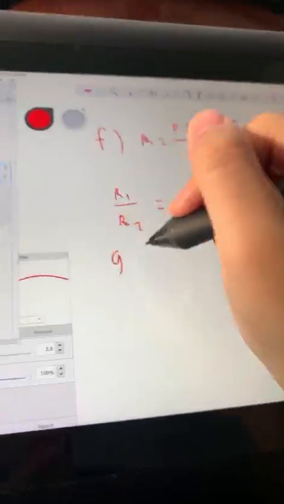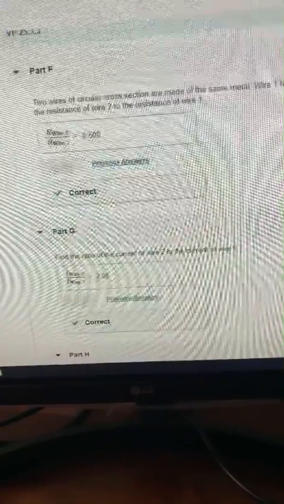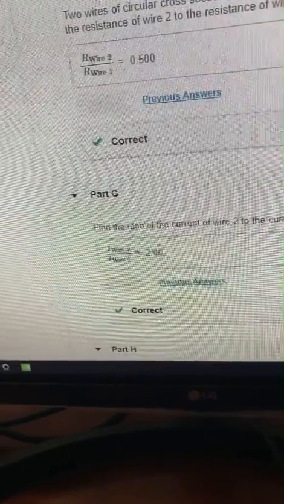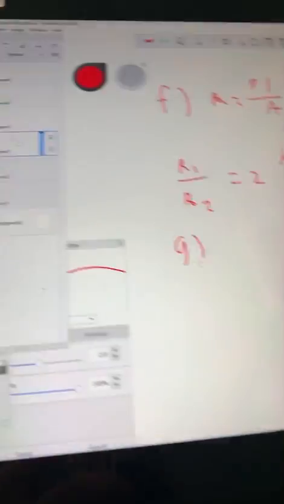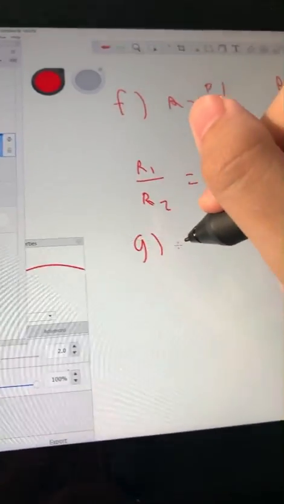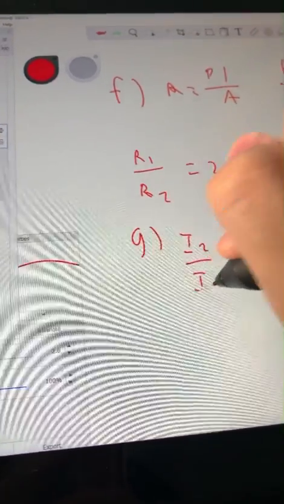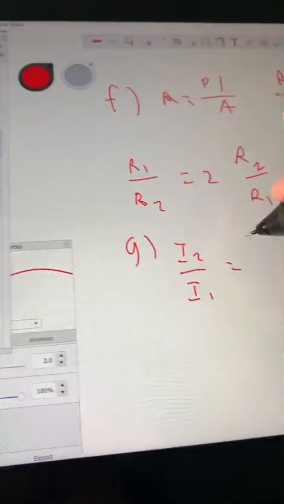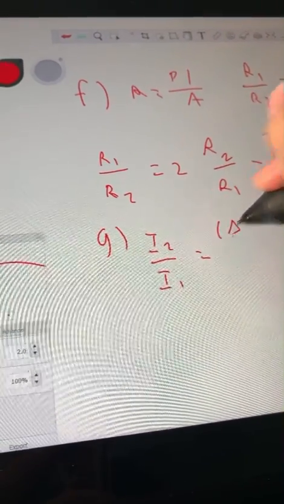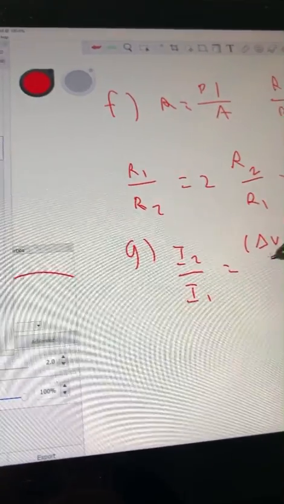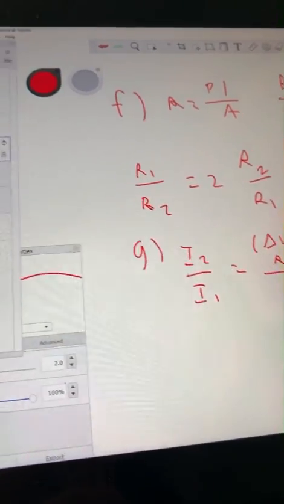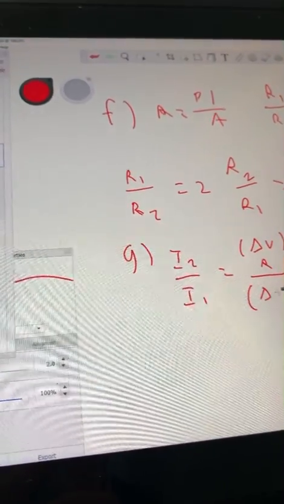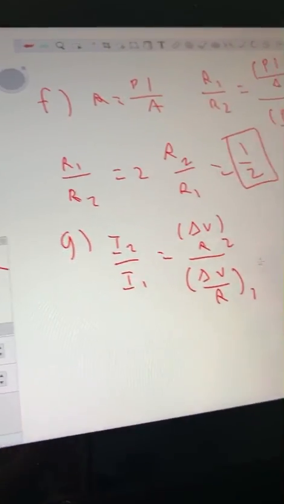And then for part G, it wants us to find the ratio of the current of wire 2 to the current of wire 1. So it'll be I wire 2 over I wire 1. So instead of using R, we're going to do I2 over I1 equals delta V over R2 over delta V over R1.